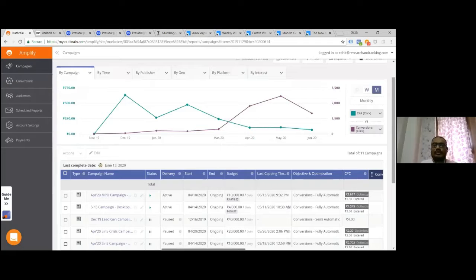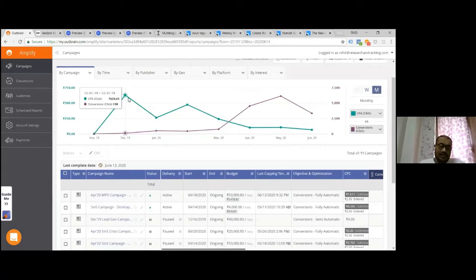The number one objective is obviously to get leads, get people to a landing page and get them to fill up an inquiry form. Just look at the green graph here, and I'll dive a little bit into it. But let's look at the graph from December 2019.